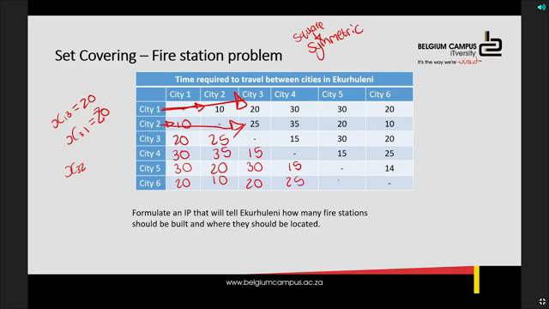And 6,5. 14. So if you draw a diagonal line there, you'll see it's a symmetrical table.